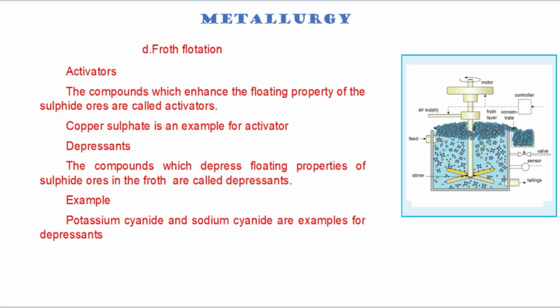After skimming off the galena in the froth, copper sulfate is added and air is bubbled through the water oil mixture containing the two remaining sulfide ores, namely zinc sulfide and iron sulfide. Now the zinc sulfide has enhanced floating property in the froth and it comes with the froth which can be skimmed off.